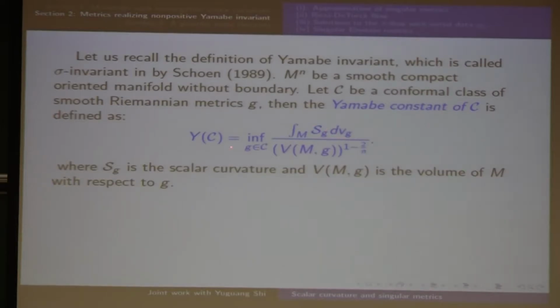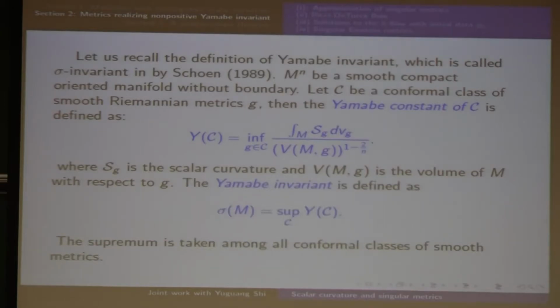This Yamabe constant, basically, is just the infimum of the total scalar curvature if the volume is normalized to be 1. Then we can take all the conformal classes and take the supremum. Then this is called the Yamabe invariant. This is also called the sigma invariant by Schoen.